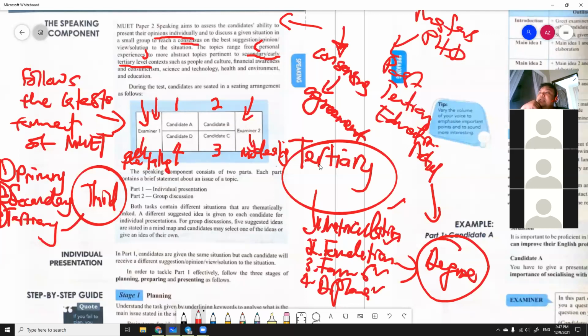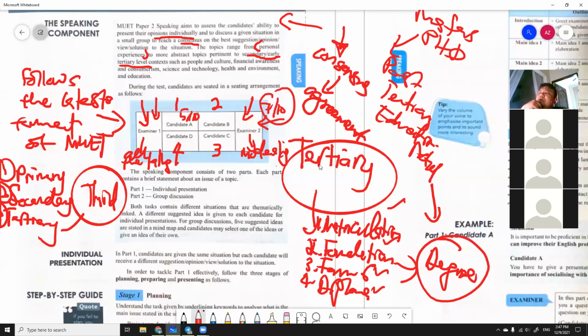The one who will be having the final say is actually examiner 1. But let's say examiner 1 gives candidate A 5 out of 10, and examiner 2 can convince and justify that candidate A should actually be getting 7 over 10.